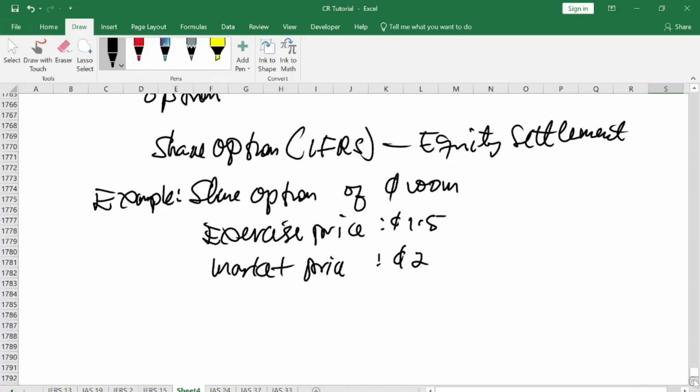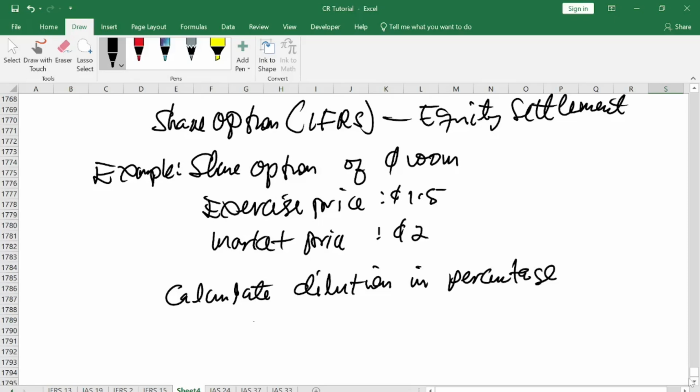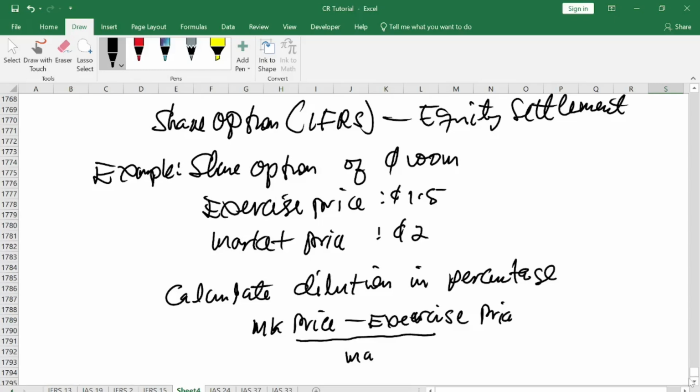What happens here is this. You first calculate your dilution in percentage. So what is the formula? The formula is the market price of the company share minus the exercise price that they are giving to the workers, over the market price, times 100%.